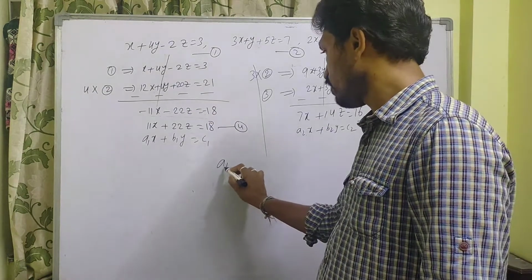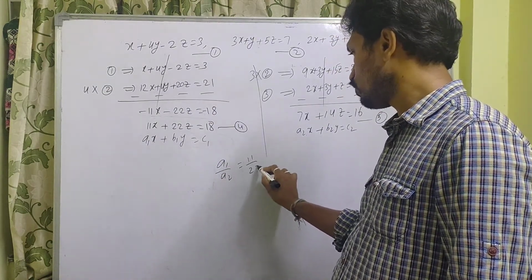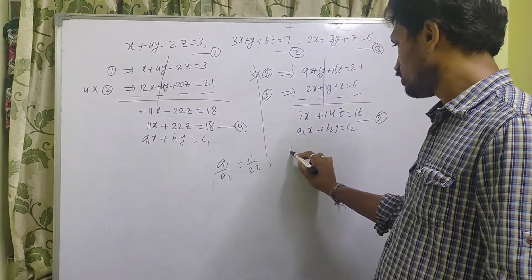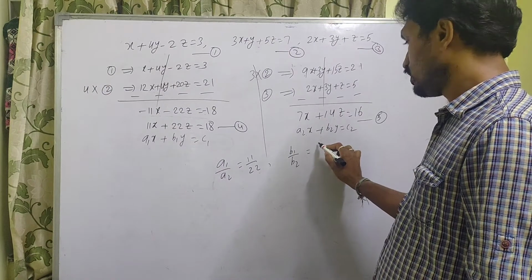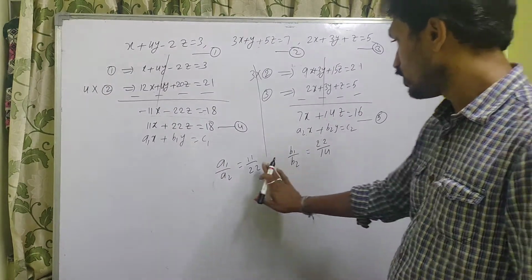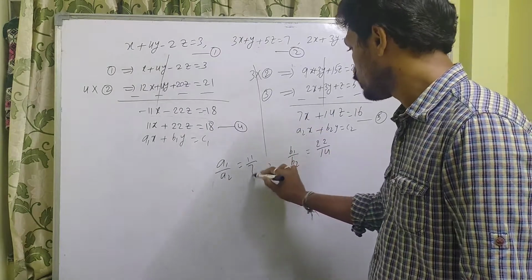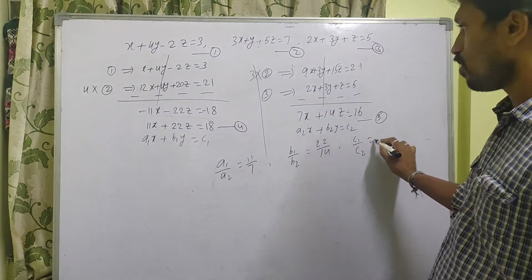Now you take a1 by a2, that is nothing but how much? 11 by 7. Next b1 by b2, that is nothing but 22 by 14. Next c1 by c2, what is it? 18 by 16.